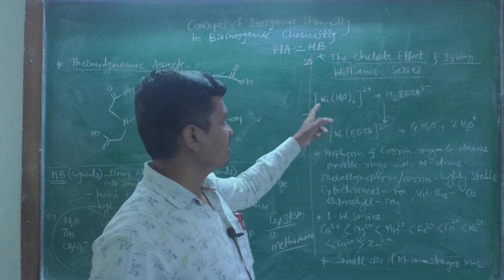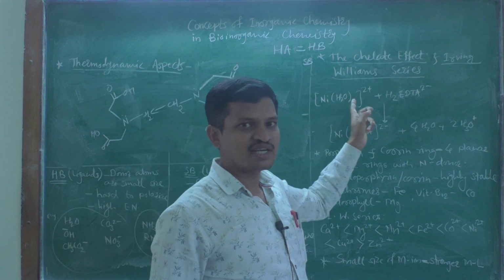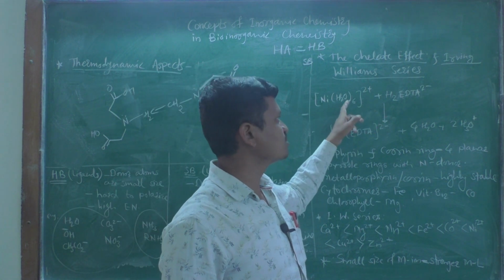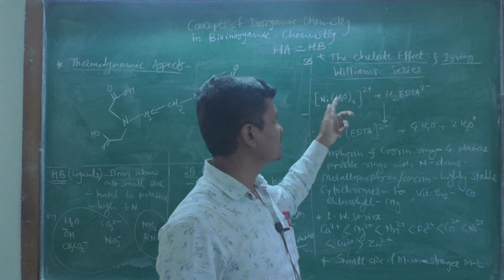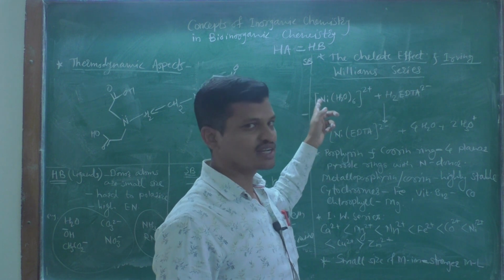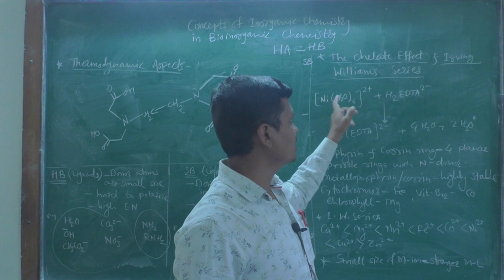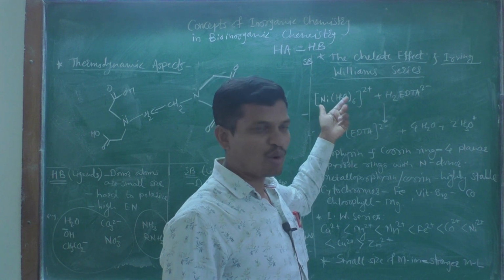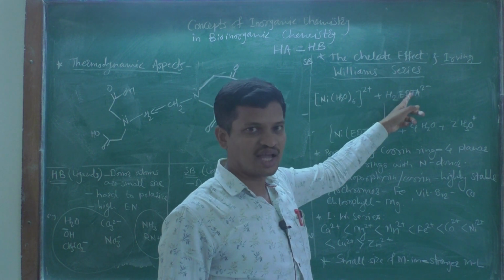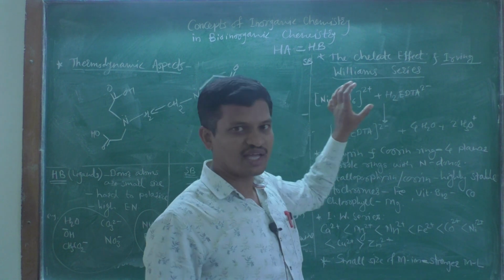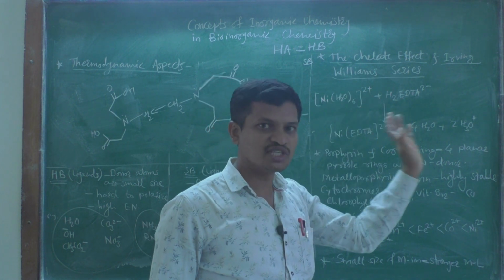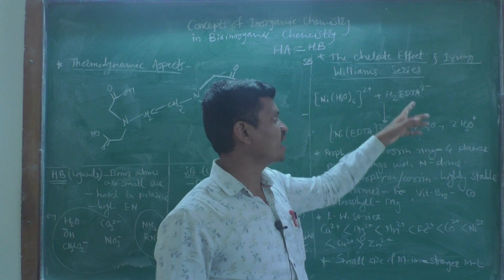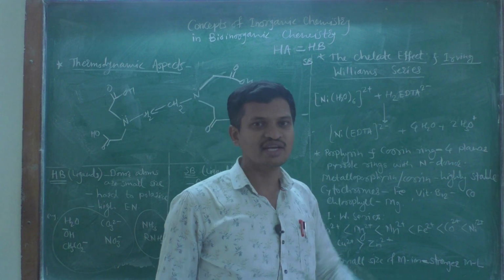In this complex the water is acting as a monodentate ligand, and there are 6 monodentate water ligands coordinated to the central nickel 2+ cation. When we treat this complex with the EDTA ligand, these water ligands get substituted, replaced by this hexadentate EDTA ligand.